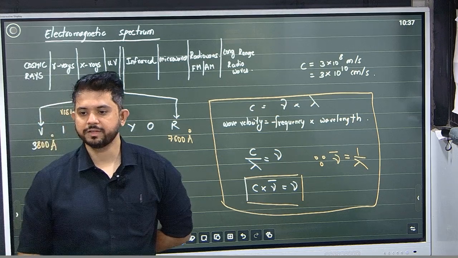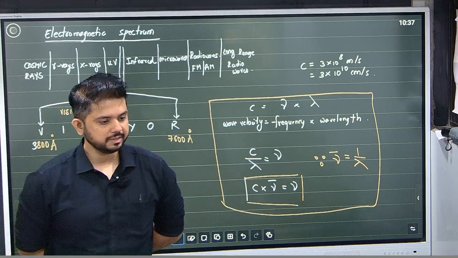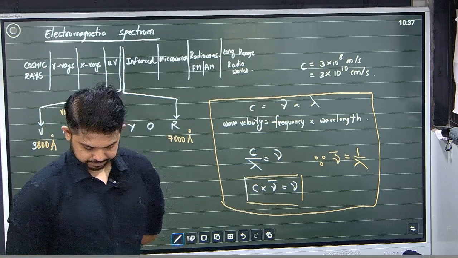Once you're done copying the formula, please copy the electromagnetic spectrum.